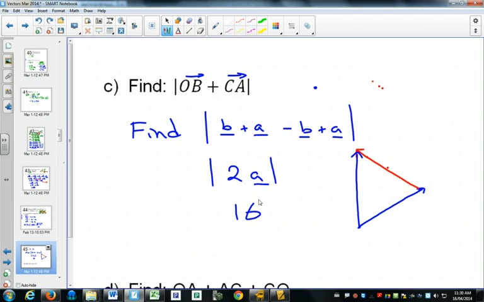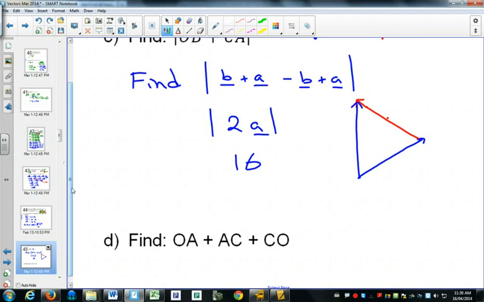And finally, add the arrows over these. OA plus AC plus CO. What do we get?